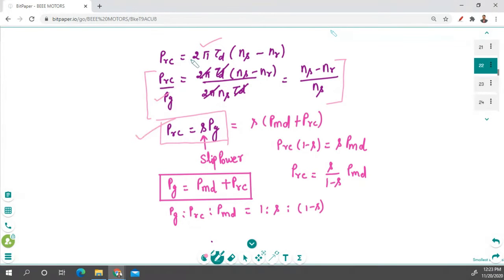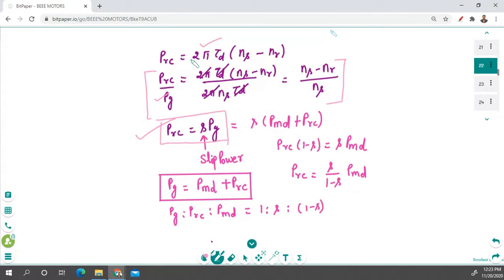So this is the derivation for the copper loss. Have you understood this? Quickly give your response. How we can achieve the power? Have you understood?